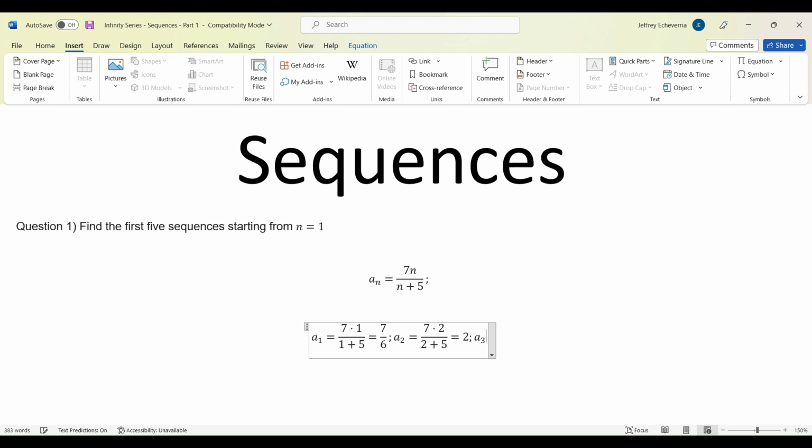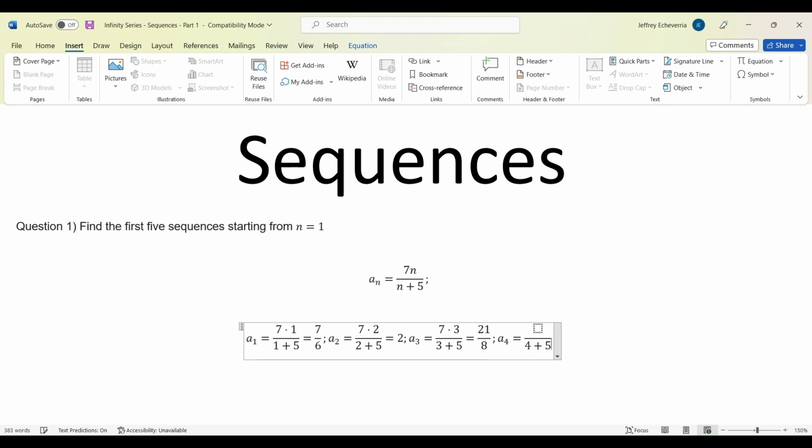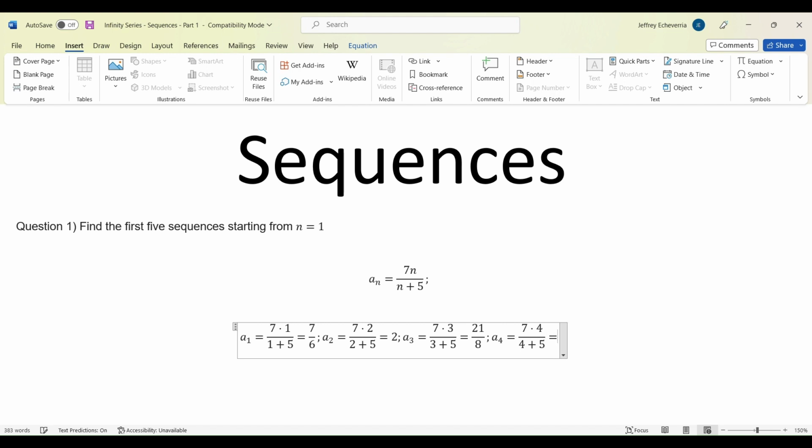a sub 3 will give us 7 times 3 over 3 plus 5 for the denominator, which simplifies as 21 over 8. a sub 4 will give us 4 plus 5 as the denominator and 7 times 4 for the numerator, which gives us 28 over 9.